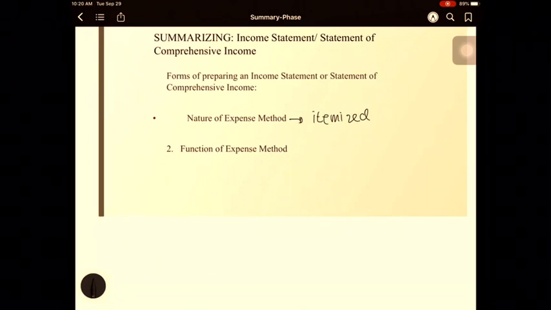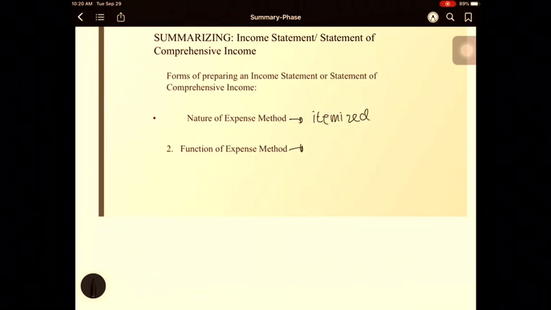So if you make a list of the expenses and itemize them, you are applying the nature of expense method. On the other hand, if you apply the function of expense method in preparing an income statement, then you should further reclassify your expenses according to what type of expense they are.